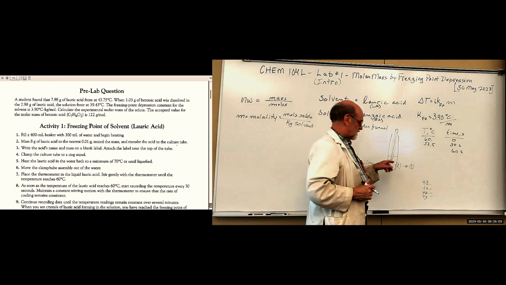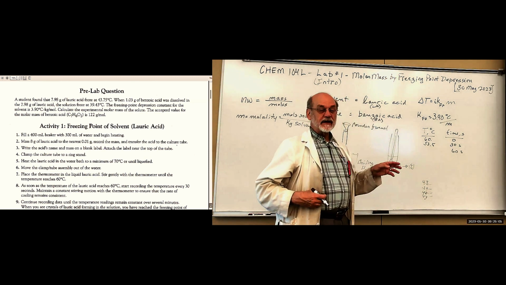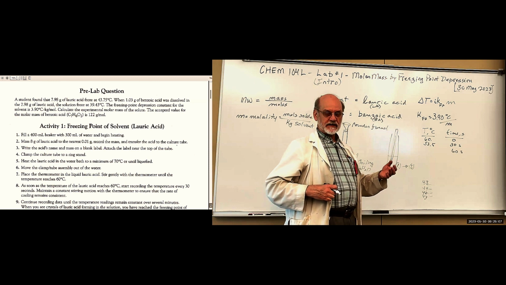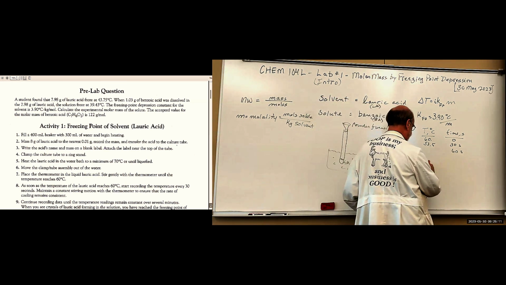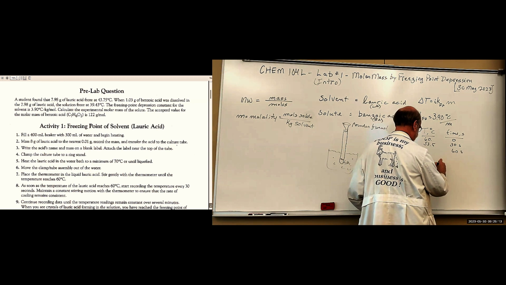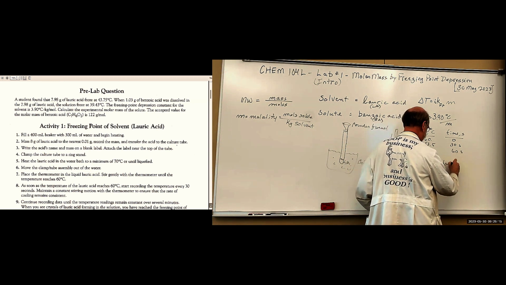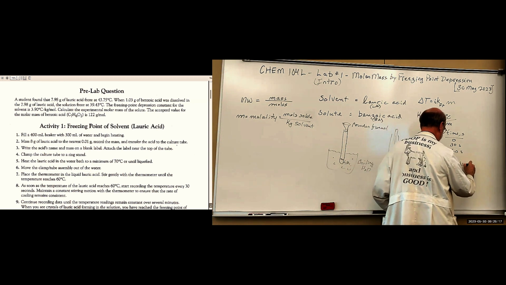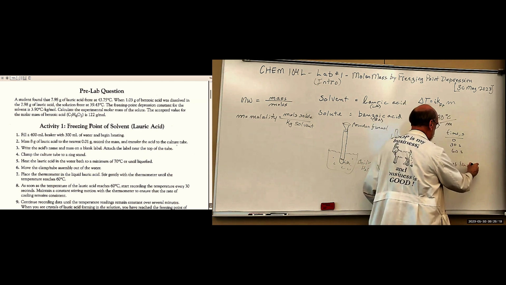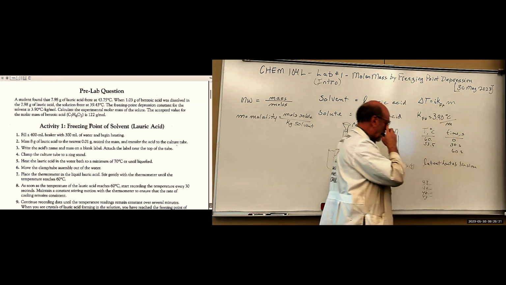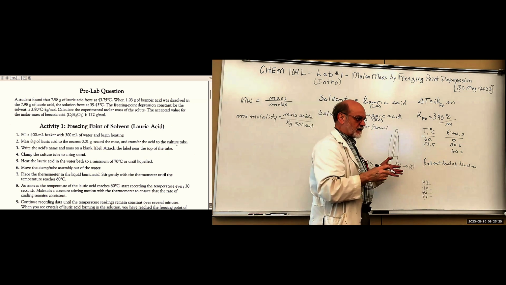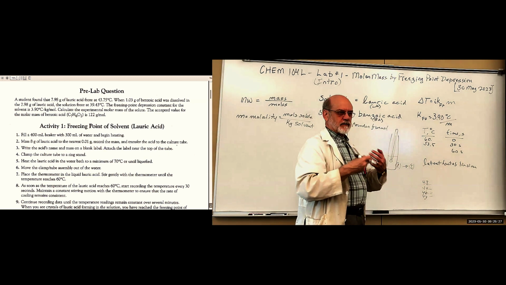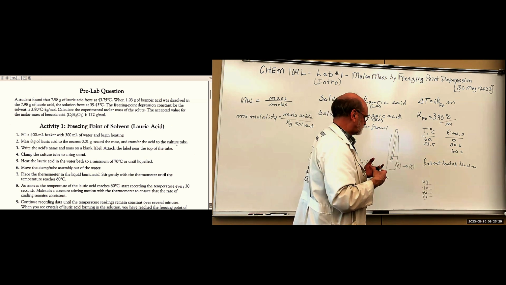Okay, you can observe this in almost every liquid that freezes. It's called the latent heat of fusion. What's happening is, as the liquid cools, we're extracting heat from it. We're extracting energy.